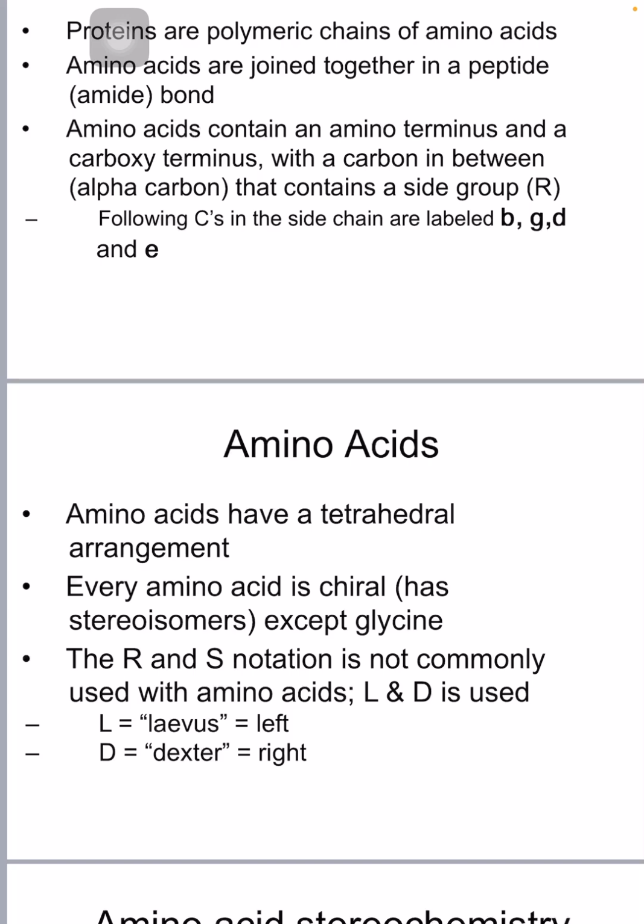We're drawing 2 flat bonds that are in the plane, one going away from the plane, that's going to be a dashed line, and then one coming out of the plane, that was a wedged line. And we would typically classify it as being R or S, right?